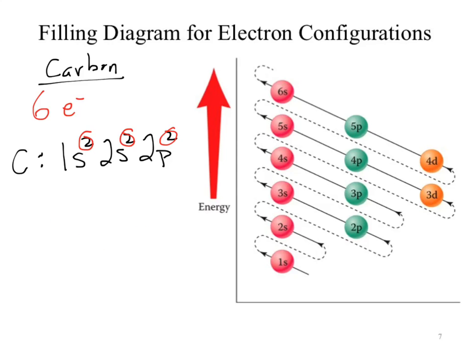There's another way we could have written this, which requires a little bit more space. Could have gone 1s2, 2s2, 2px, 2py, 1 electron in each. Perfectly valid to go through and do that. Why would I not draw that out that way?